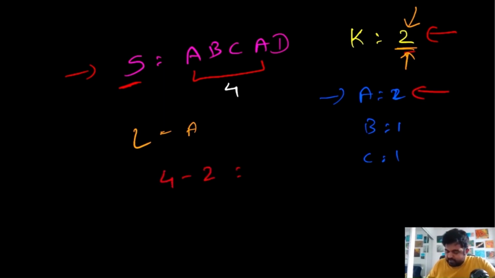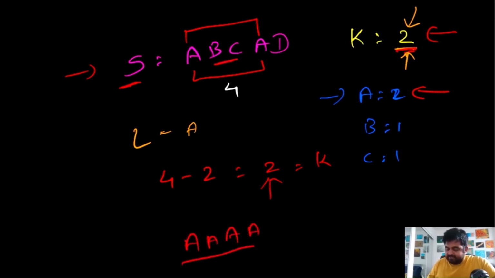So 4 minus 2 is 2, and this 2 is equal to the value of k. In this case, we can convert this substring so that all the characters are the same by using the replace function. If we just replace B and C, we will get a substring of all A's, and this is the answer.